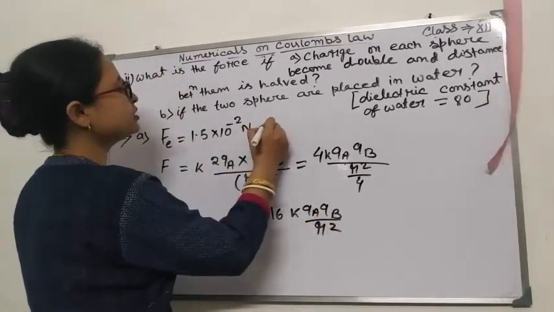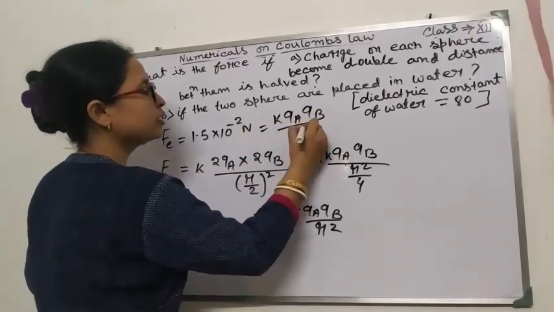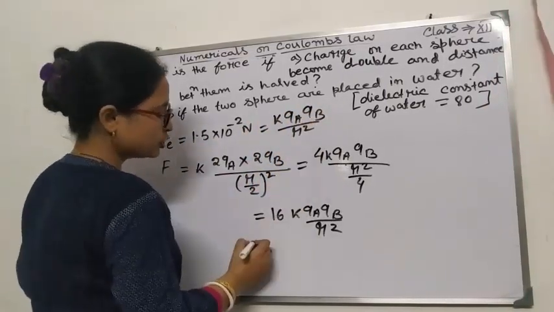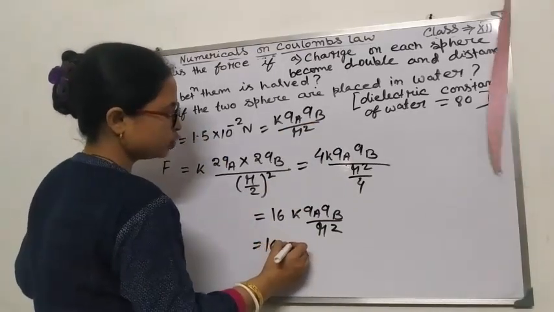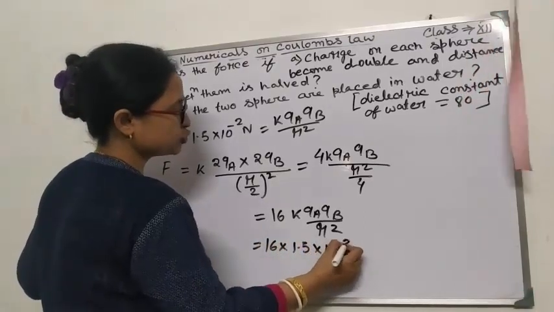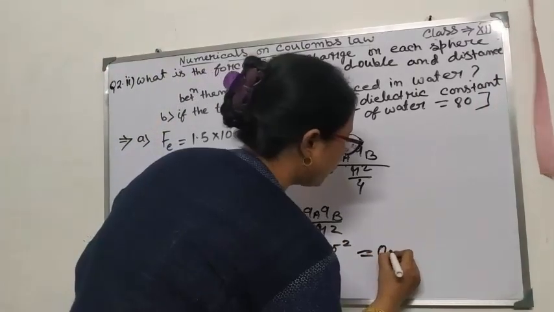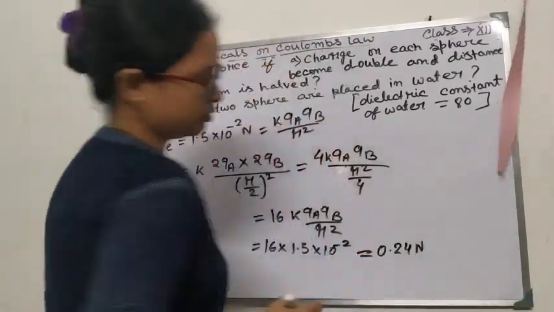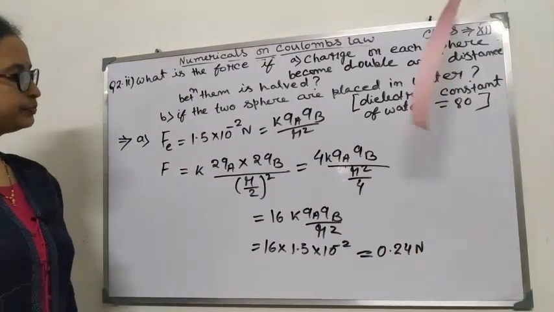Now this one, K QA QB divided by R square, is the value we found. Now just put in this value, 16 into 1.5 into 10 to the power minus 2. Whenever you do this multiplication, the value will be 0.24 Newton. Clear? You can take a screenshot of this.